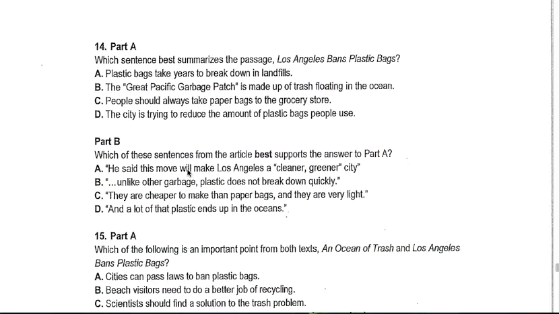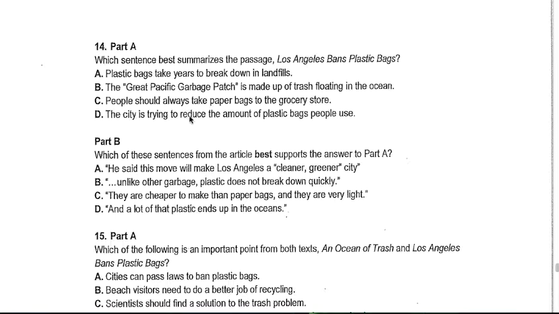Number 14, Part A. Which sentence best summarizes the passage? Los Angeles bans plastic bags. Plastic bags take years to break down. Landfills. The Great Pacific Garbage Patch is made of trash floating in the ocean. People should always take paper bags to the grocery store.